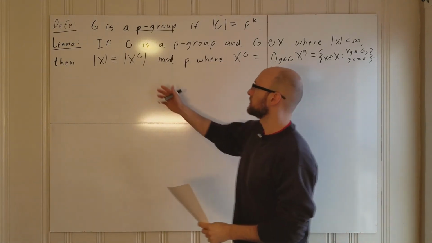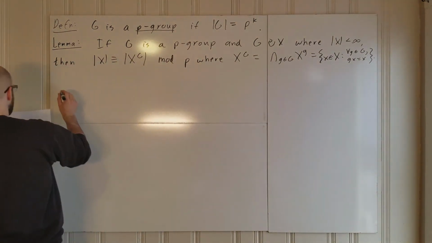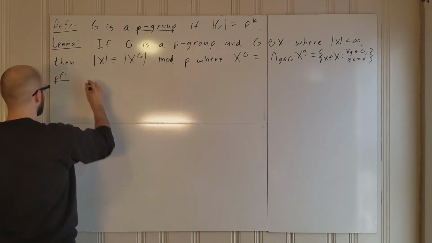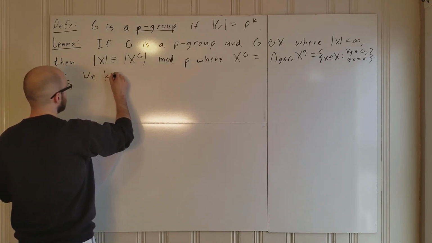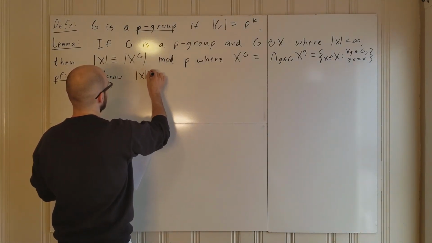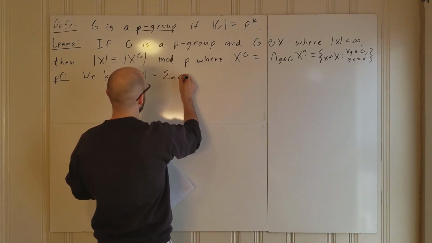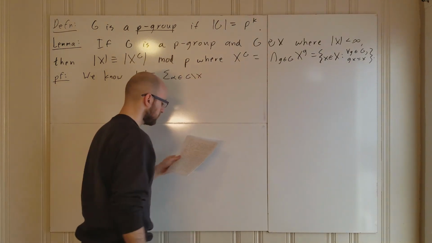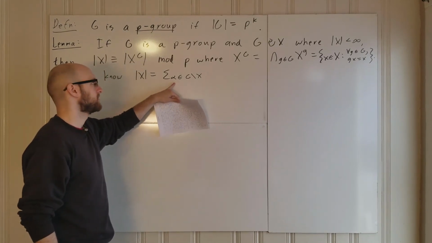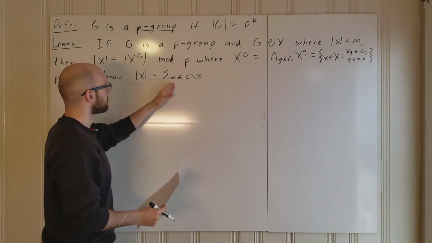And the size of this set will be congruent to the size of X mod p. So this is actually not too difficult to prove. What we do is, we know that the size of X, and this is from a previous result, is equal to the sum over all representatives from orbits.